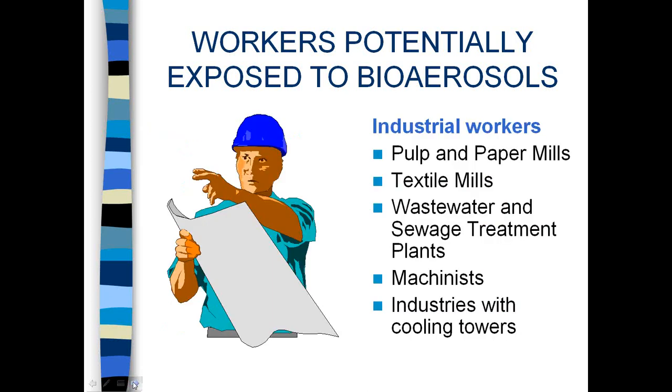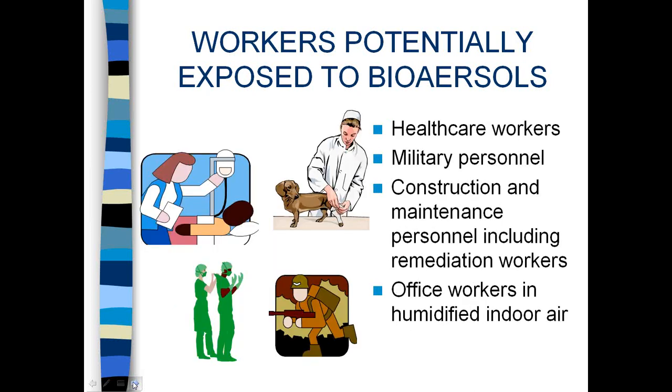Other workers potentially exposed include industrial workers in industries like pulp and paper mills, textile mills, wastewater and sewage treatment, and again, any industry with a cooling tower. Healthcare workers, remediation workers, and office workers with humidified indoor air are also potentially exposed to biological contaminants.